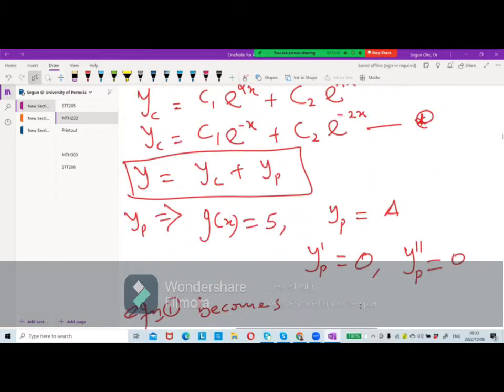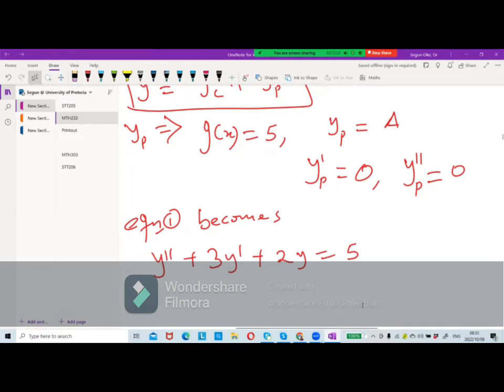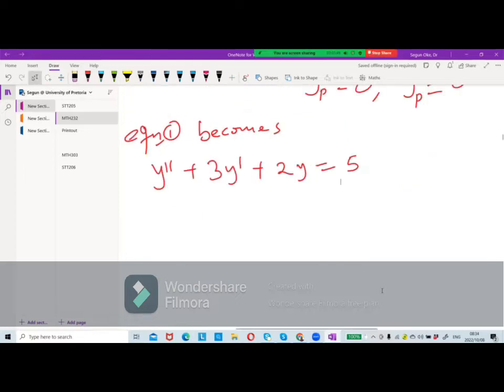You substitute the first derivative and second derivative there, and when you have y, you substitute it inside equation 1. You can write short notes in your own way, the way you can understand it when you are studying. So substitute yp, yp prime, and yp double prime.